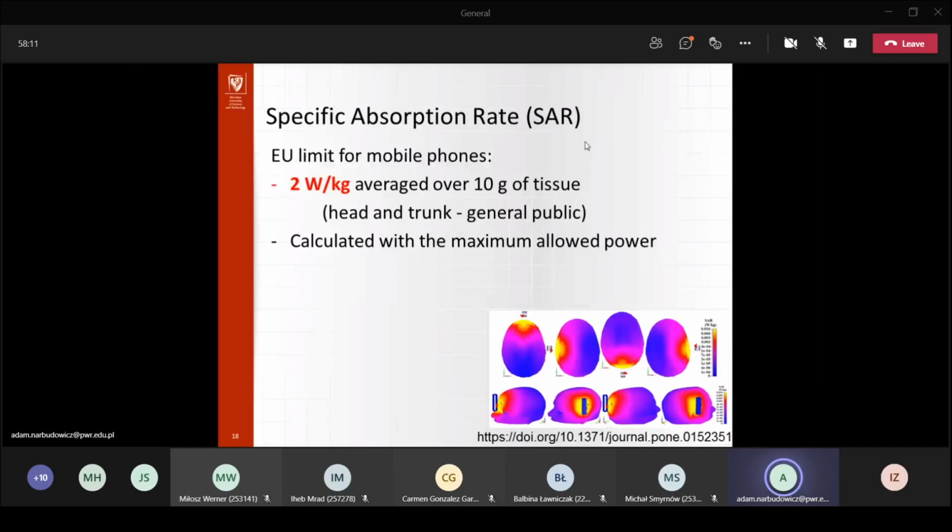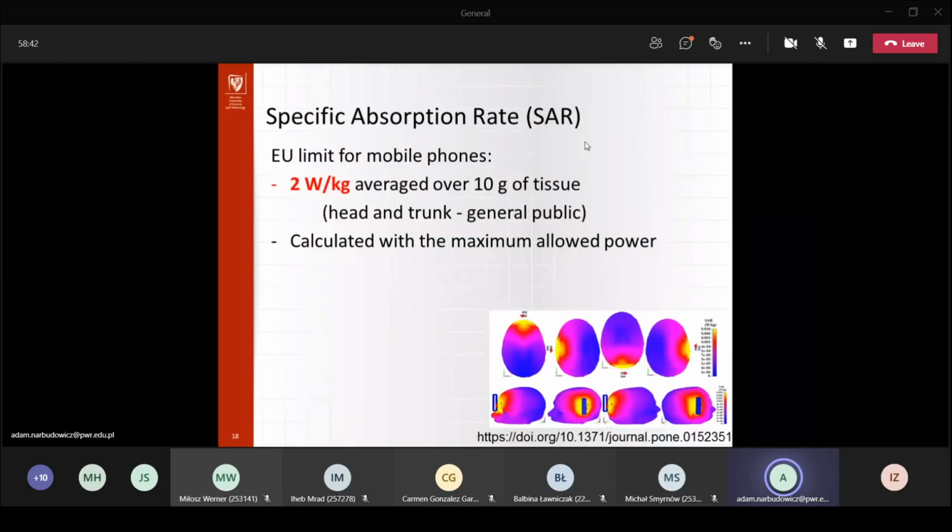So if you're in close proximity to the base station, you need a lower power to transmit the same messages. So apparently, in some contexts, closer to the base station, you will counterintuitively experience lower exposure, simply because your phone can use lower power to get the same performance of the link.